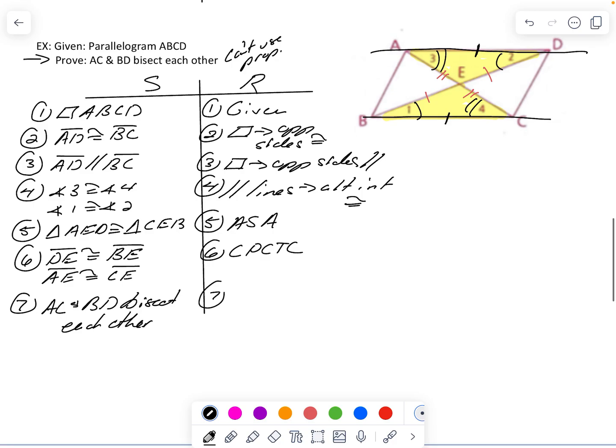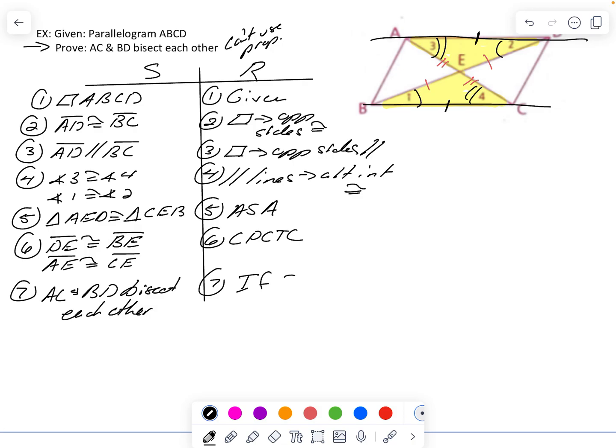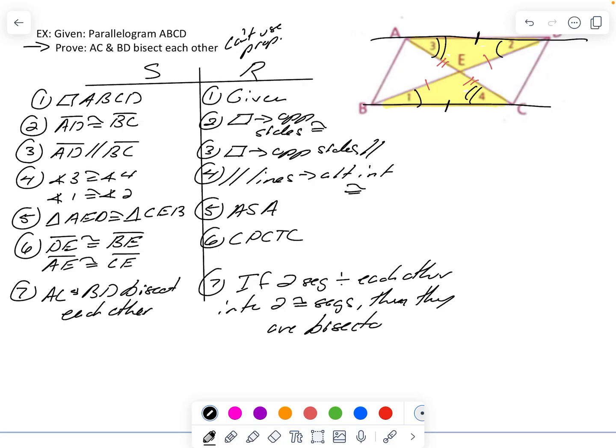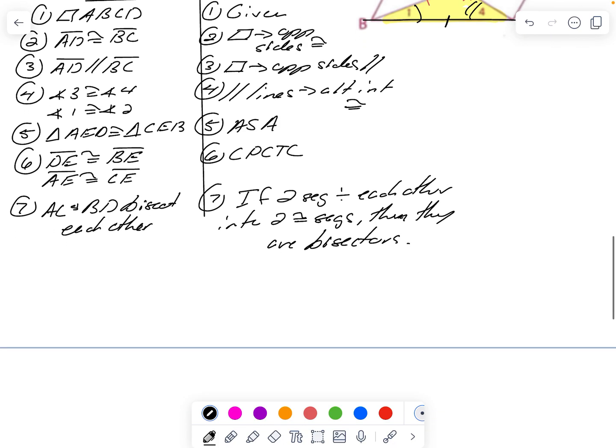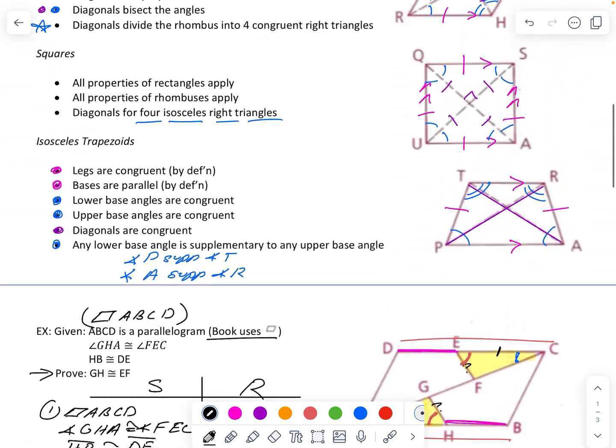And basically it's if two segments divide each other into two congruent segments, then they are bisectors. Okay, basically when they intersect, they divide each other in half. And that's it. Good luck.